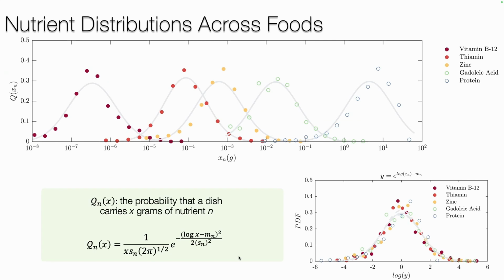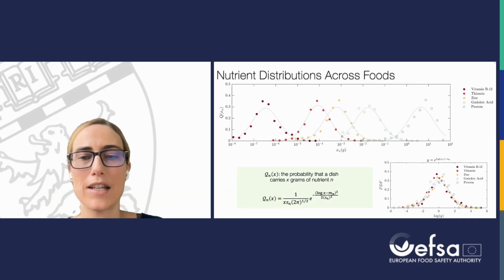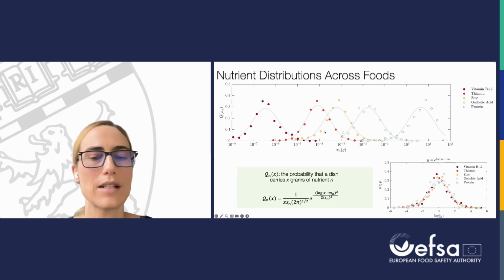So we proceeded in studying how each single nutrient is distributed across the food supply, as plotted here for vitamin B12, thiamine, zinc, gadoleic acid, and total protein. So the probability Q that you read here captures the food source variability for a single nutrient, yet we haven't found any guidance about its expected functional form. This is what physicists look for. So despite the noise and batch effect, because I think we all know that food supplies, the US food supply specifically, is not a random sample of foods, we saw a common pattern emerging that you can see here.